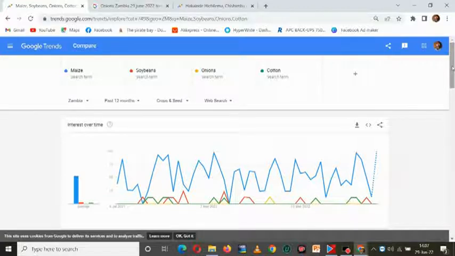So here we have a period of 12 months. So you can go to, say for example here, where 97% of the people talked about maize and 12% talked about cotton. So we can try to find out what may have triggered that.